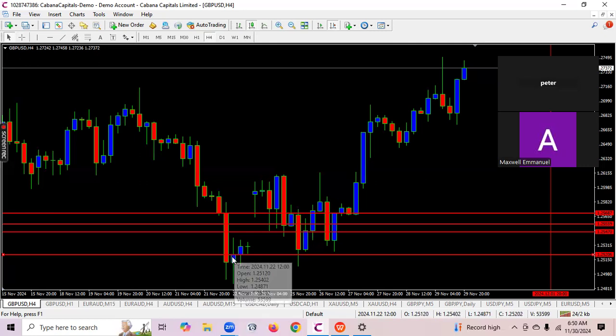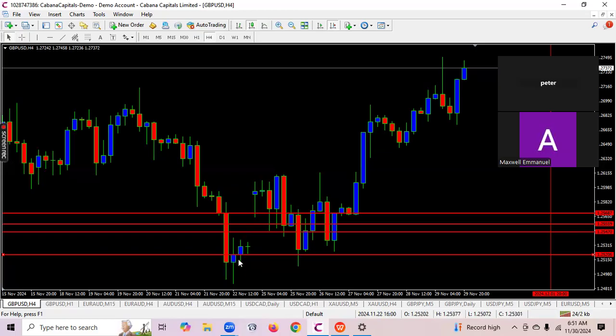But if the body of the candle is bearish, is red, it indicates that we still have a few traders who are still willing to sell, and they can still push the price down. So in that case, you should wait for the next candle to close bullish. Are you with me? You should wait for the next candle to close bullish before you execute a buy trade.